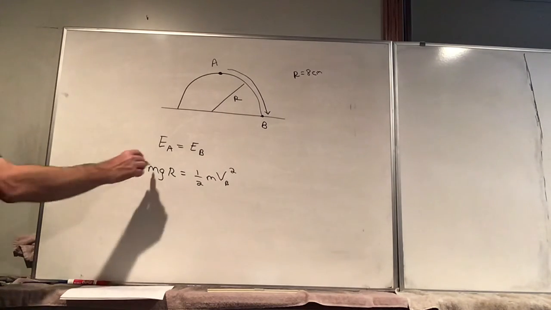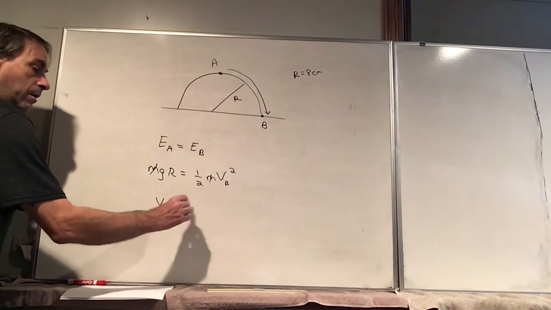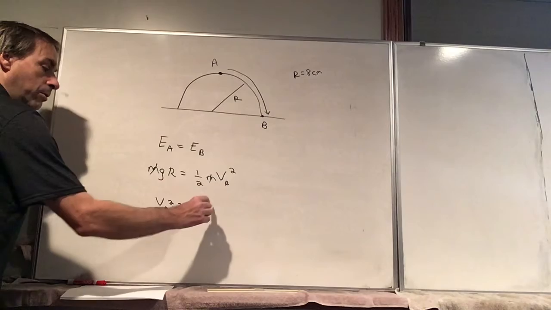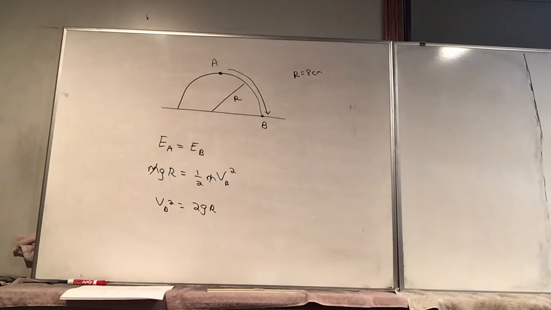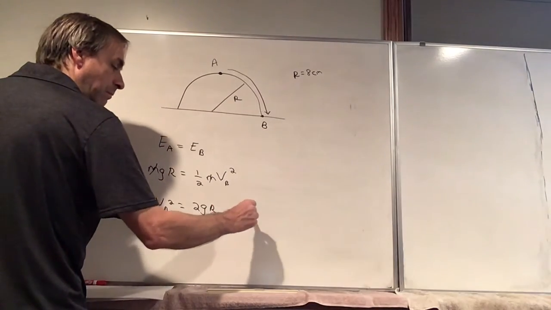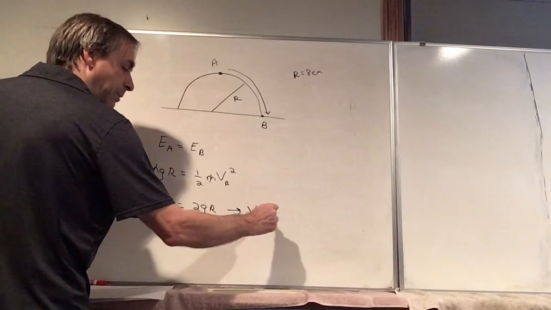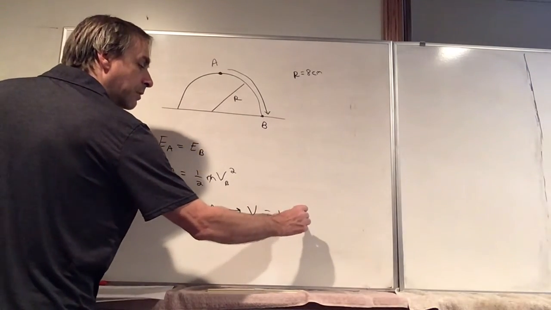And so the mass cancels out. We get v squared would be 2gr. So just take the square root, plug in the numbers, and make sure to convert r to meters if you want your velocity in meters per second. But what I'm getting is the velocity at point B would be 1.3 meters per second.